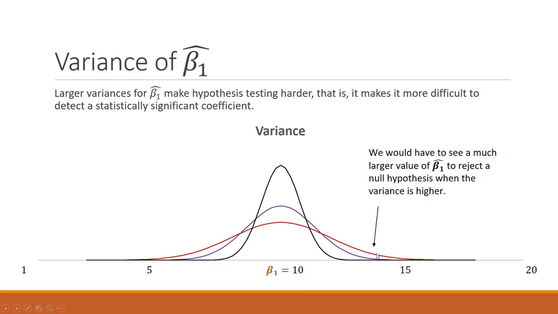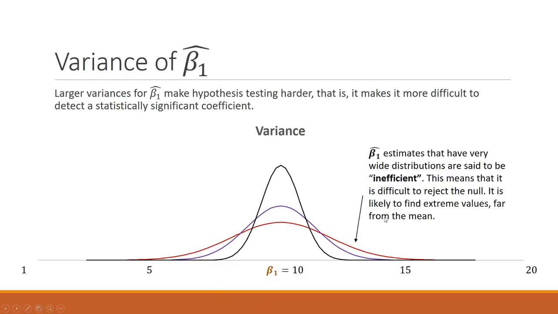We would need an even larger value of beta 1 hat to be able to reject the null hypothesis. So we do not like large variances. When we have large variances, that makes it much more difficult for us to reject the null hypothesis that beta 1 is actually equal to 0.